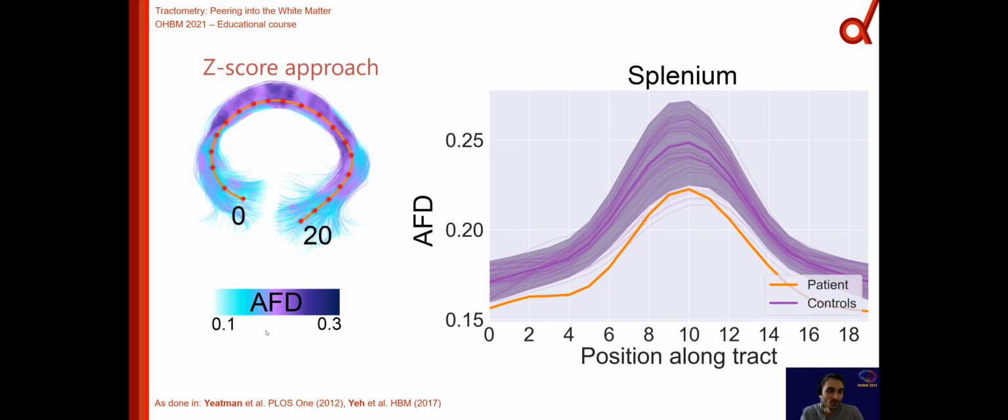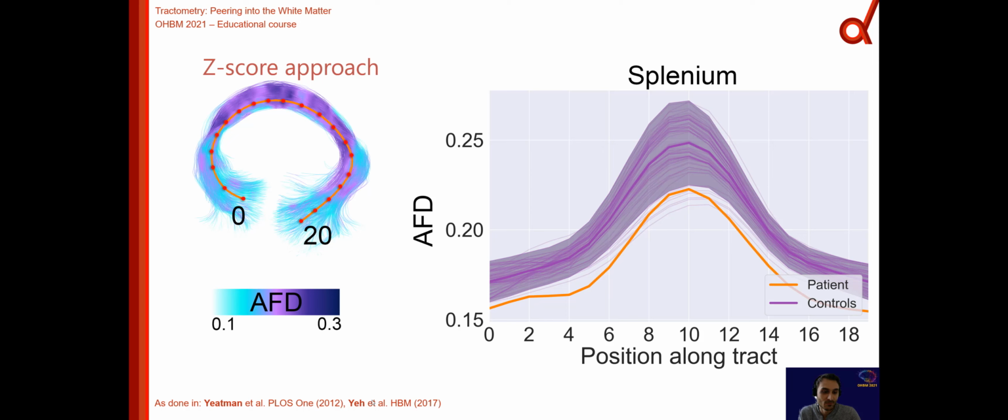And then a new subject comes in with a certain brain condition, and you do the same analysis. So you plot the points along the tract, and then you project it on this new space. And then you look, is this subject falling inside some sort of interval? So for example, 1 or 2 standard deviations from the mean. Or is this subject actually deviating from this?